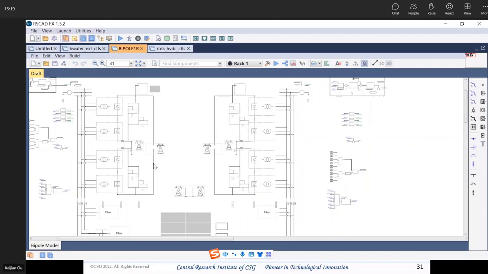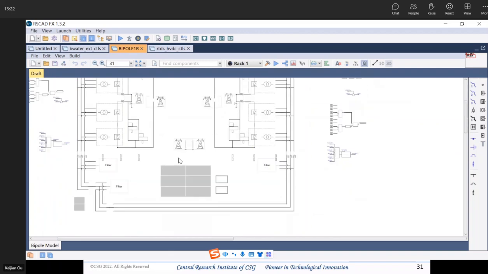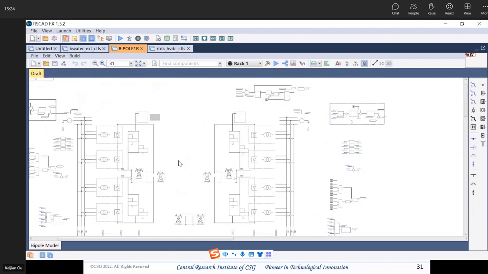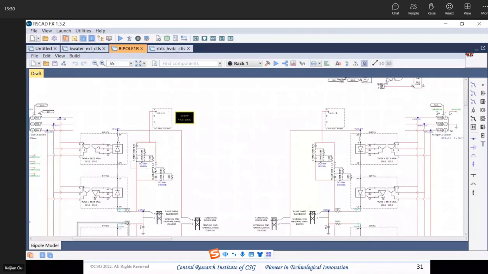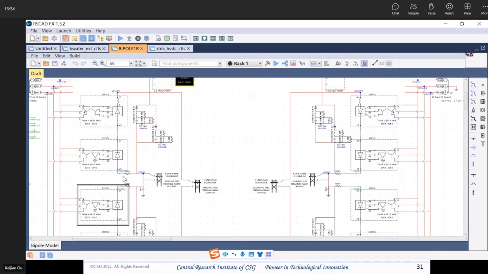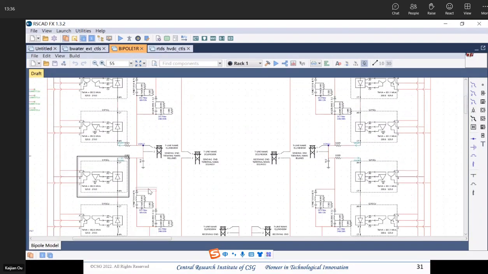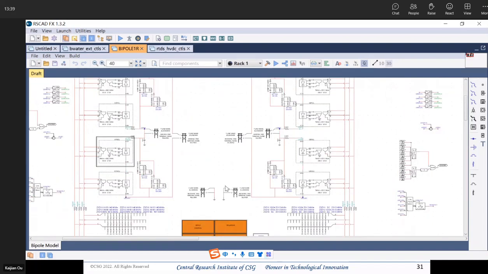Here you can see pole 1, pole 2. It has two poles, so it's more complicated. You can see this model is more complicated.